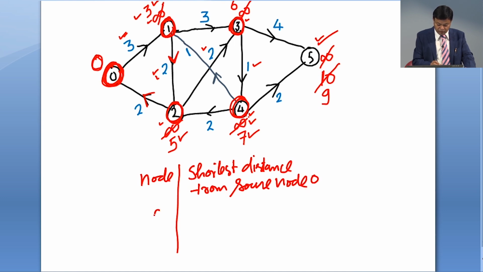Node 0, okay, 0 is the starting node, so I'll not start with it. So node 1, shortest distance from 0 is 3. This is the shortest distance, 3.